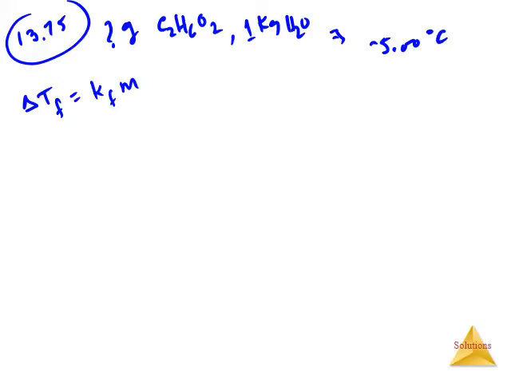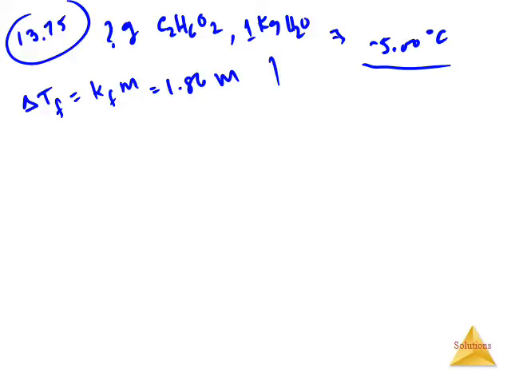And we already know the constant KF for water is 1.86. So let's use that number. So it's going to be 1.86 times m. Now they gave you the freezing point, which is minus 5 degrees.